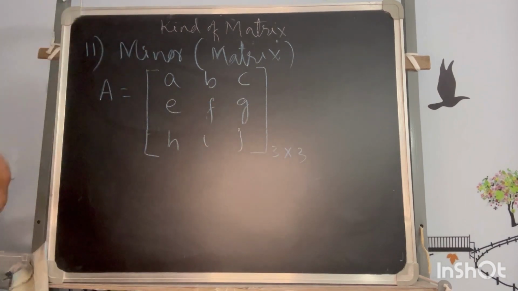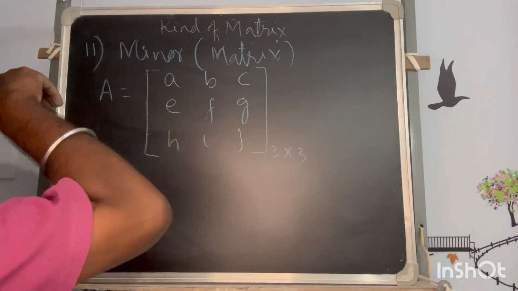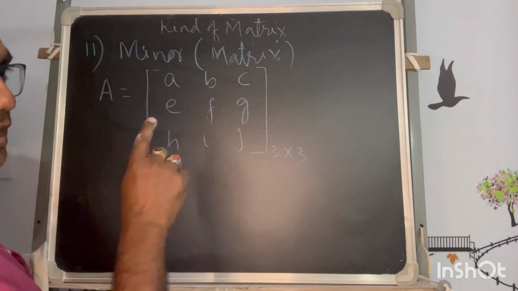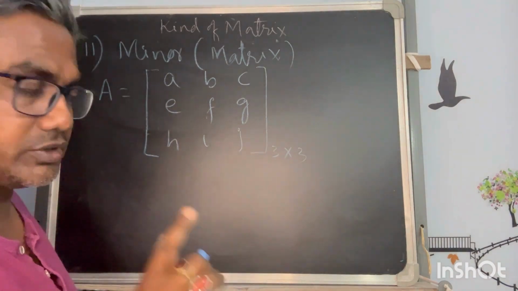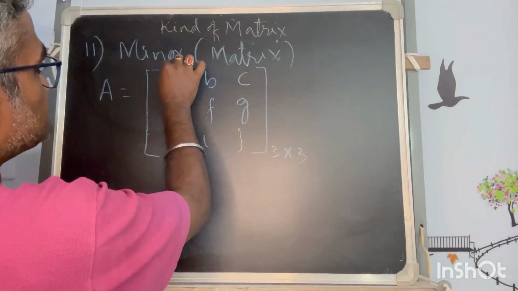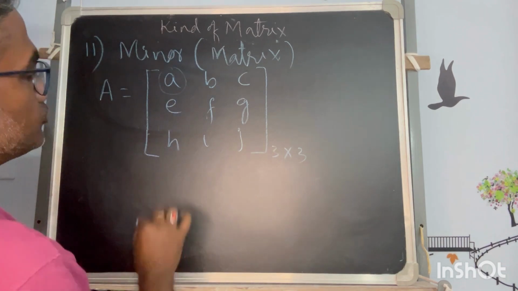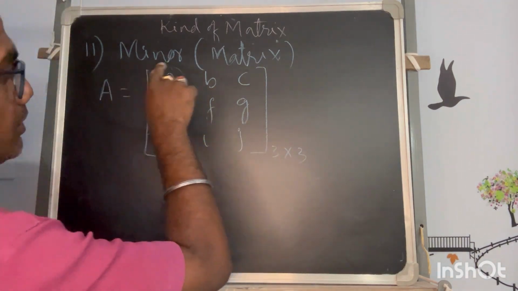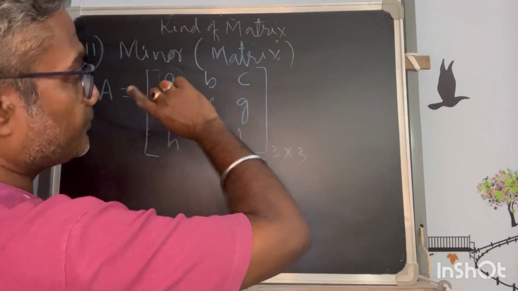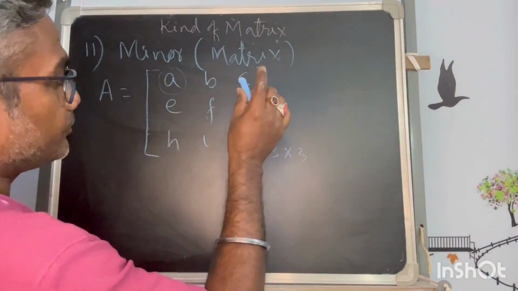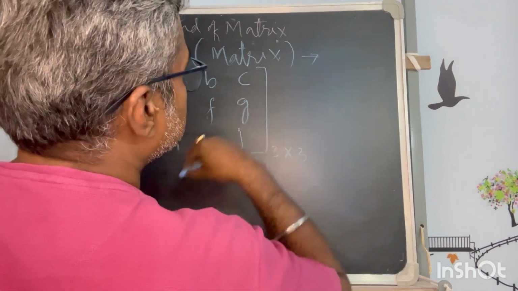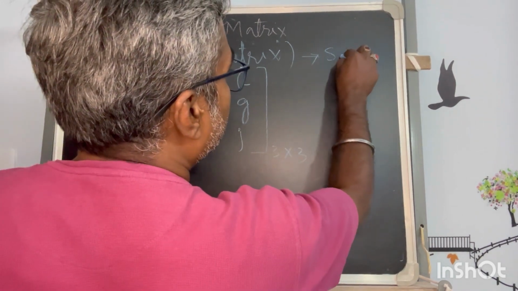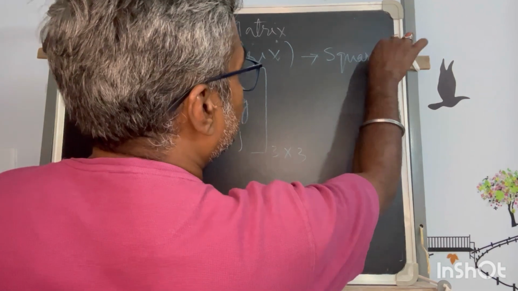Now, how to get the minor of this? To find the minor, every element has its own minor. So if I say about this element, what would be the minor of this? When we get the minor, the matrix we are talking about must be a square matrix. This is my declaration.